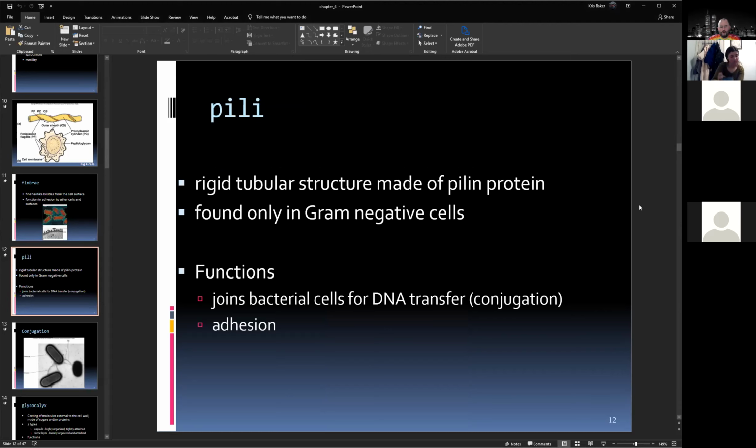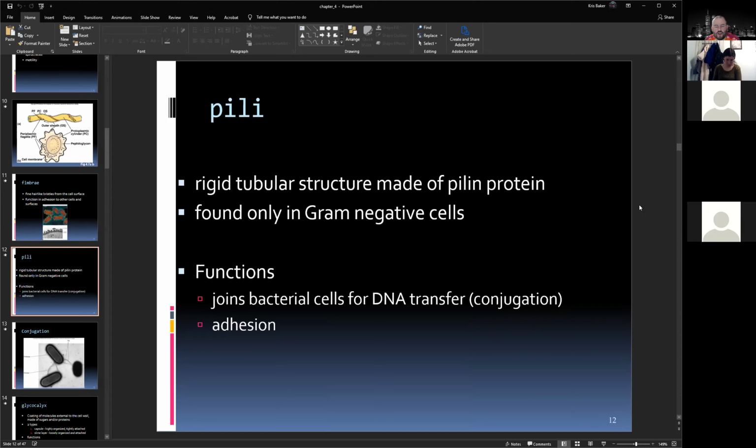Pili are only found in gram-negative cells, so only in gram-negative bacterium. And while a pilus could allow an organism to stick, like a fimbriae would, to surfaces or other cells, what you typically see here is a pilus is like a tube that allows communication between two cells.